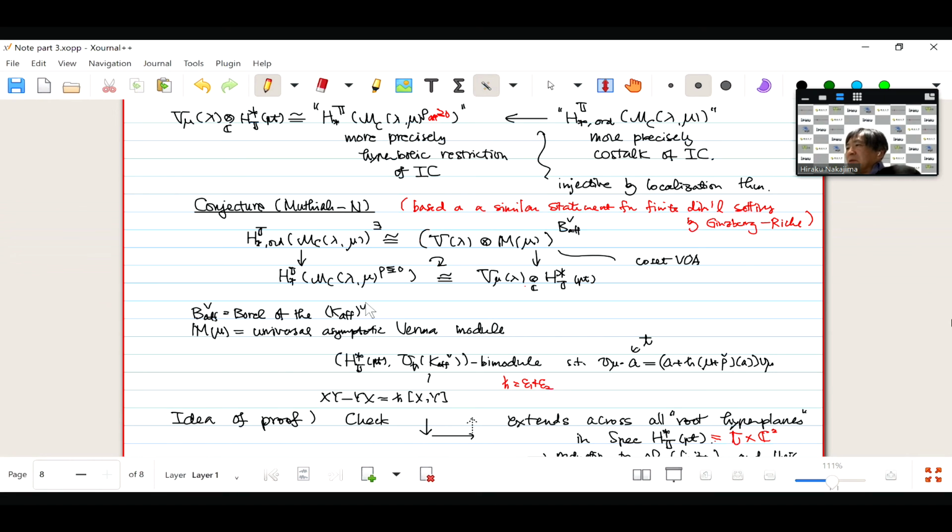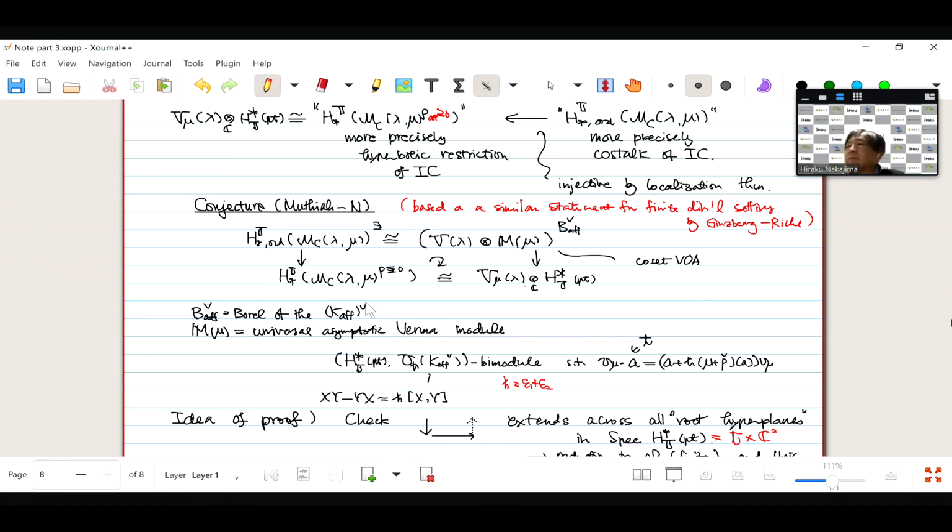For the geometric statement, which is the most difficult part, as I said, this is already proved for type A. Is there any simple relation between the stable envelope in the previous construction and hyperbolic induction in the new construction? They are closely related.